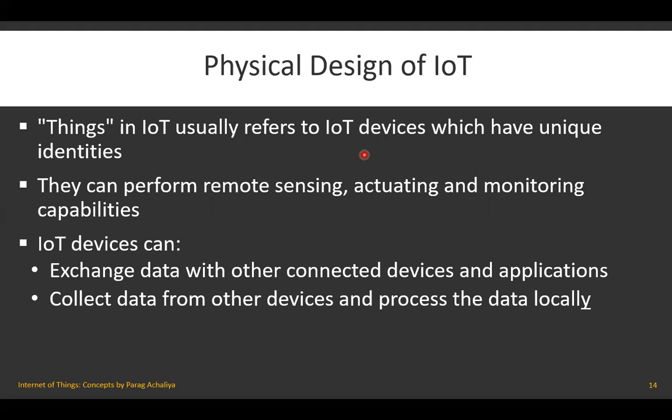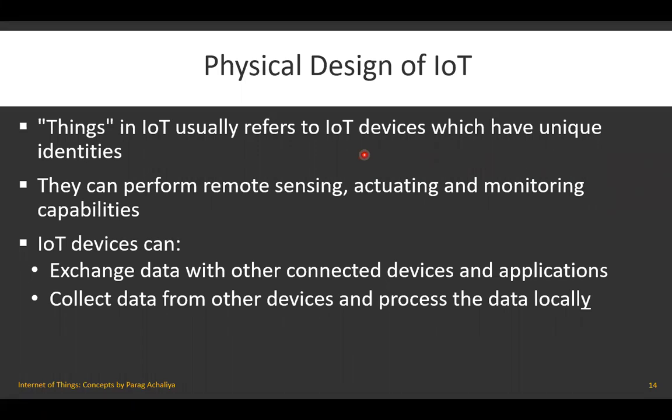The data received from other devices can be stored in the same IoT device, and that particular IoT device will process that data at the local system or at the local host.